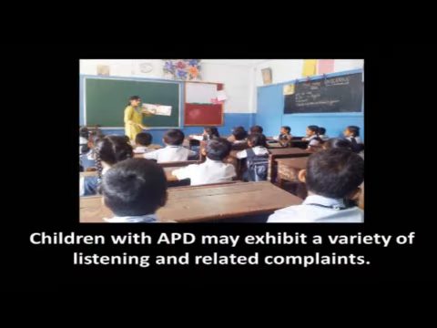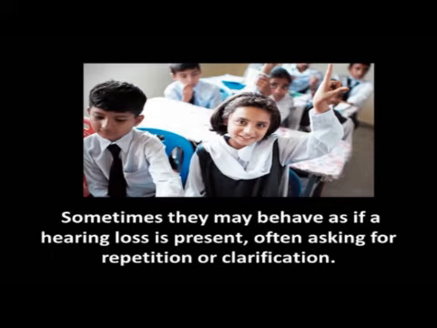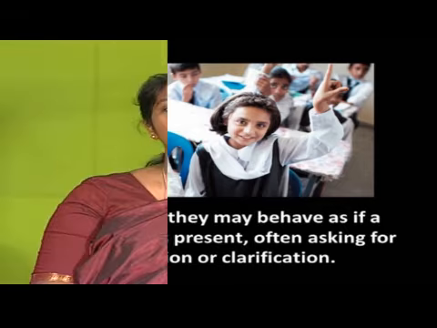Children with APD may exhibit a variety of listening and related complaints. For example, they may have difficulty understanding speech in noisy environments, following directions, and discriminating, or telling the difference between, similar sounding speech sounds. They may behave as if a hearing loss is present, often asking for repetition or clarification.